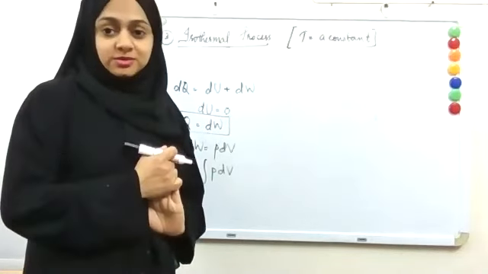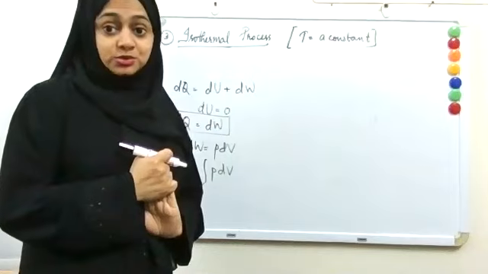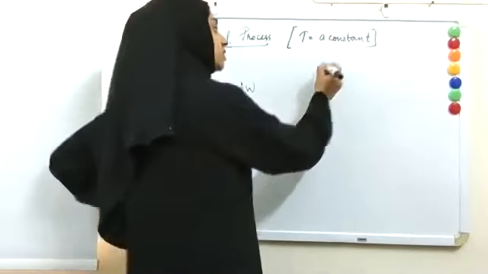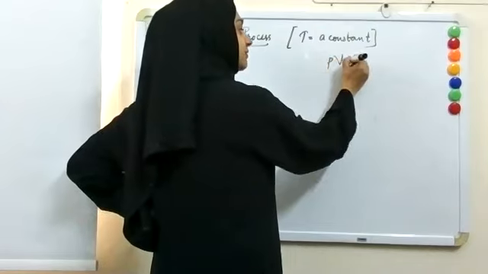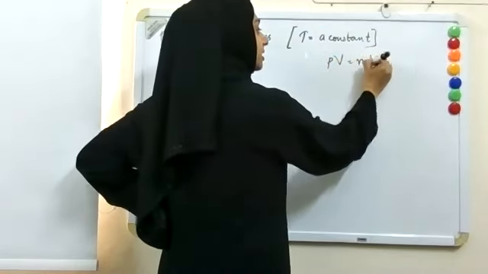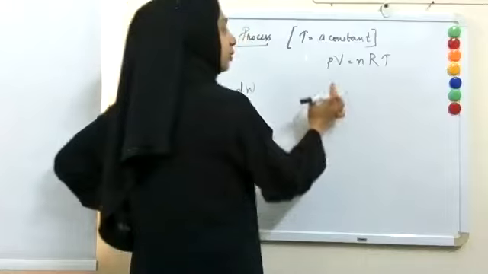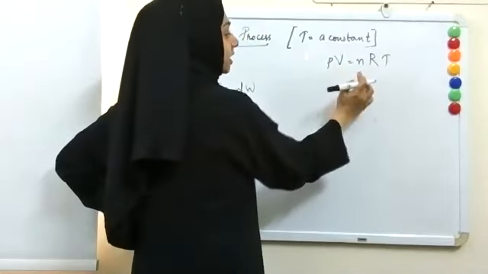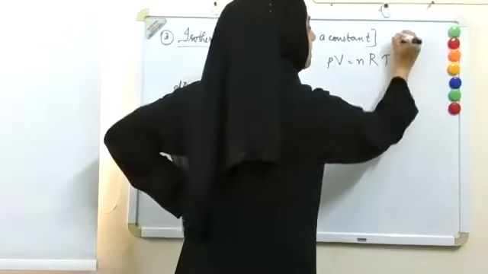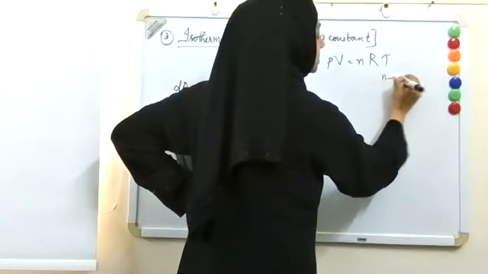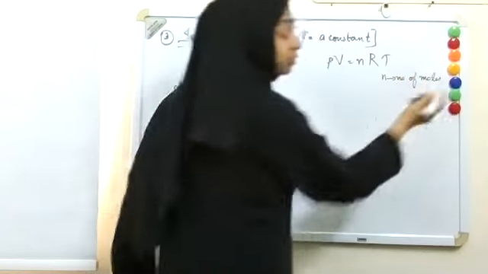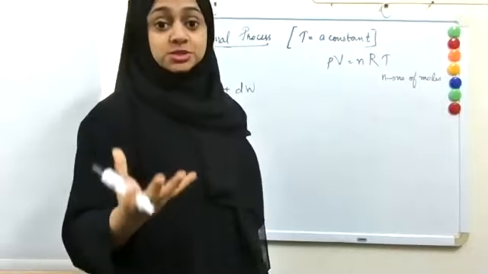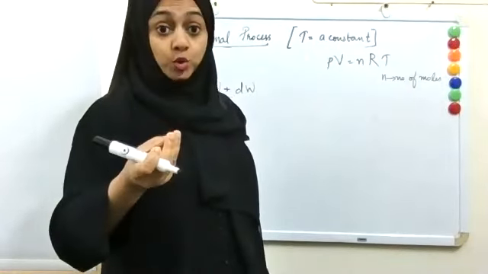For that, we will use the ideal gas equation. You remember what the ideal gas equation is? PV is equal to nRT, where P is pressure, V is volume, n is the number of moles, which is the amount of substance. Amount of substance is expressed in moles.